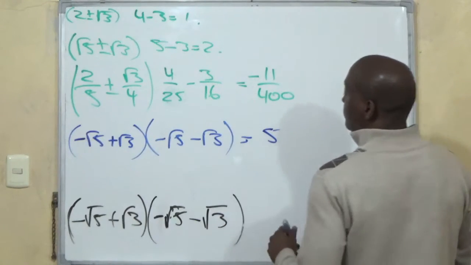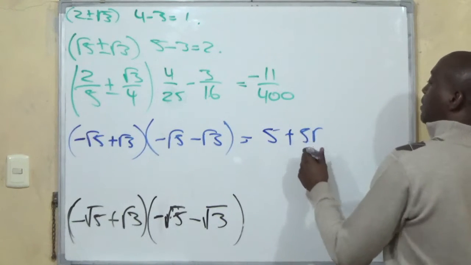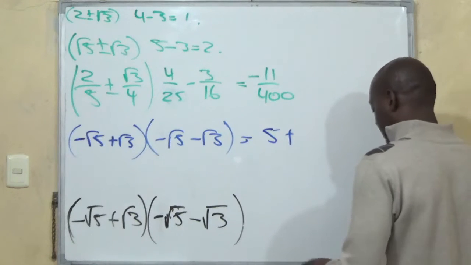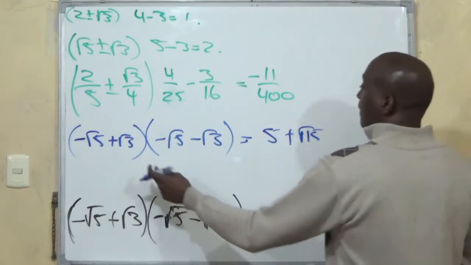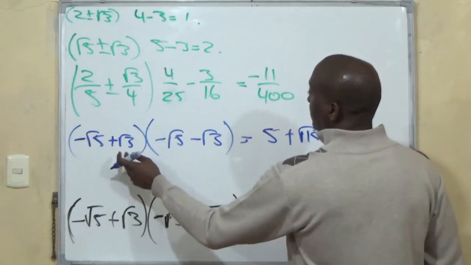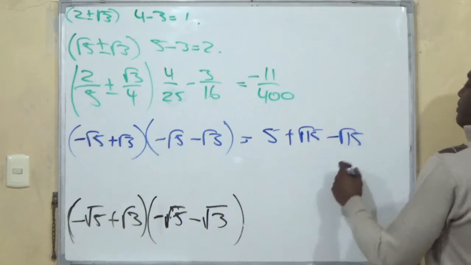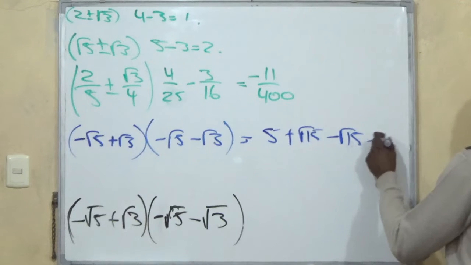Minus root 5 by minus root 3 is plus root 15. Plus root 3 by minus root 5 is minus root 15. And root 3 by minus root 3 is minus 3.